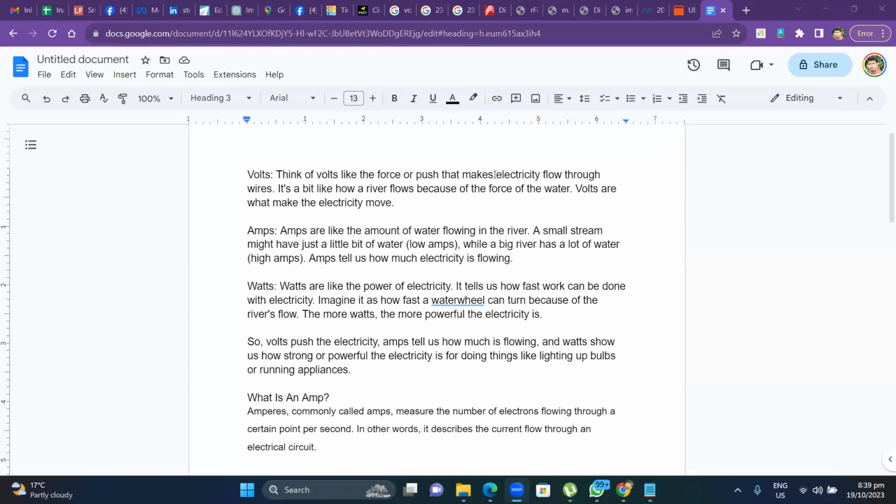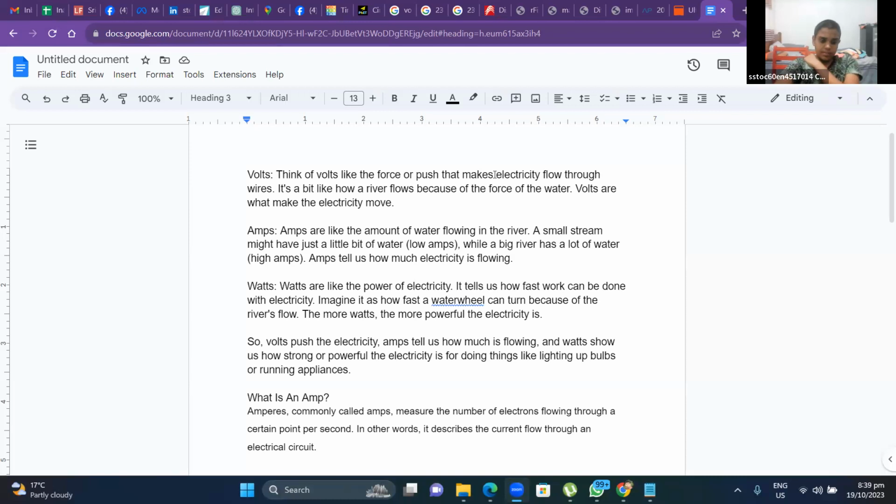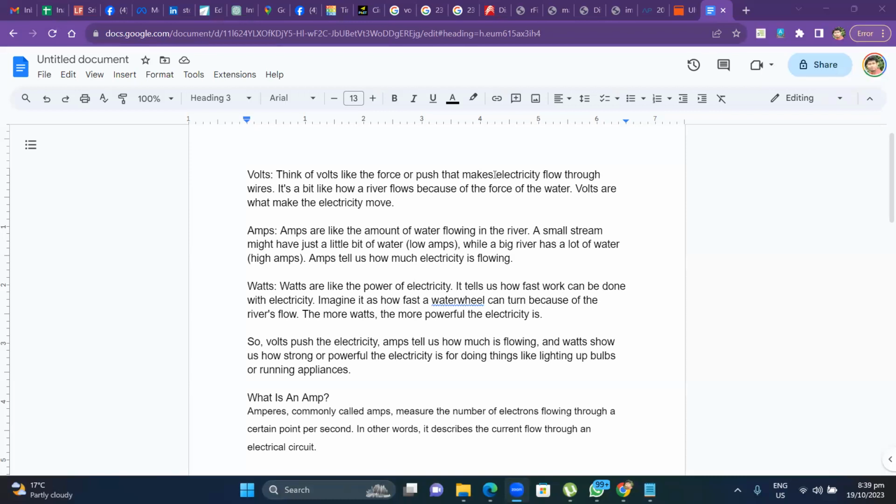The tall one. Yes, the one which has more height has more power. That is the nature.